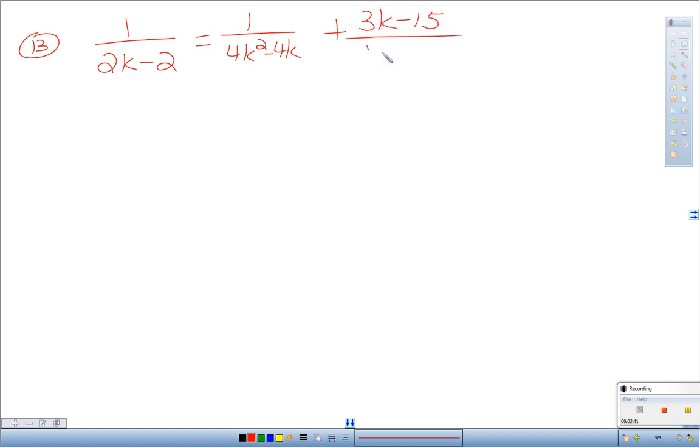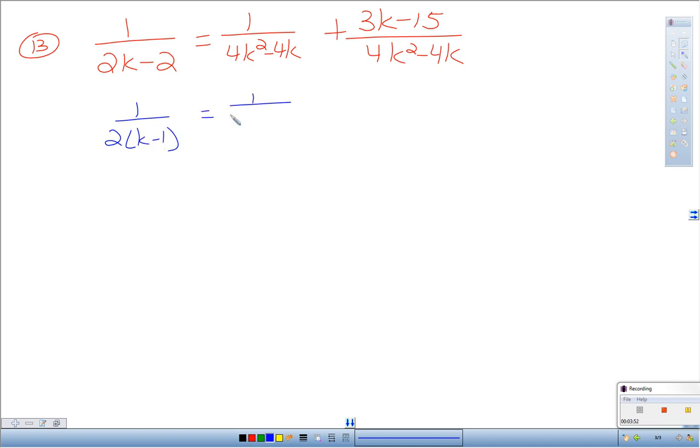All right, moving on to number 13. Now, these were the harder problems where I have to solve the equation. So I've got 1 over 2k minus 2 equals 1 over 4k squared minus 4k plus 3k minus 15 over 4k squared minus 4k. All right, notice that in the first fraction, I can take out a GCF of 2, and that will be k minus 1.